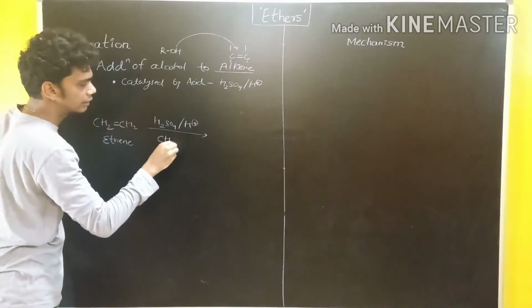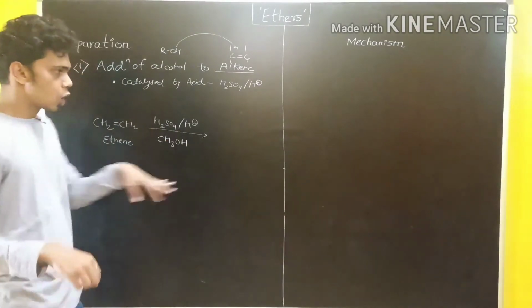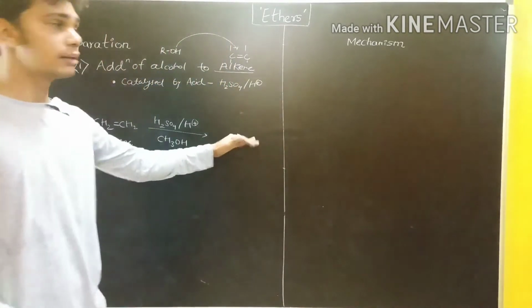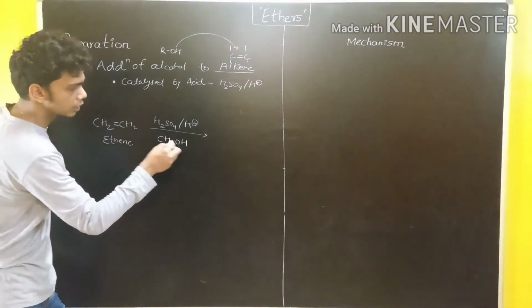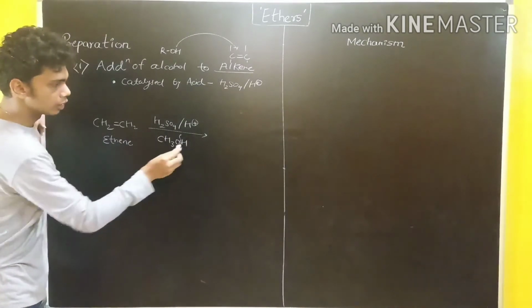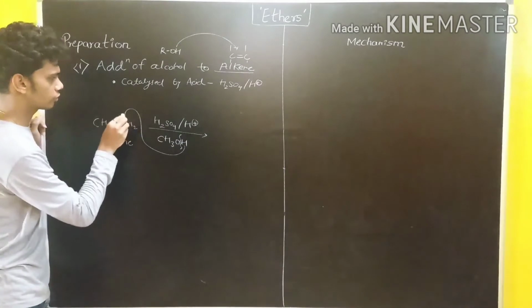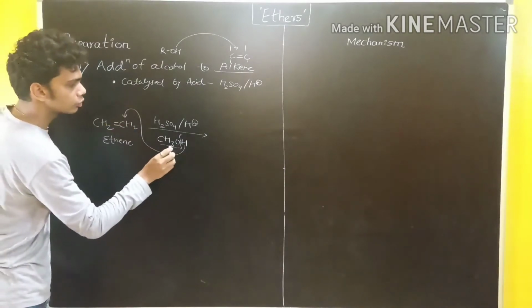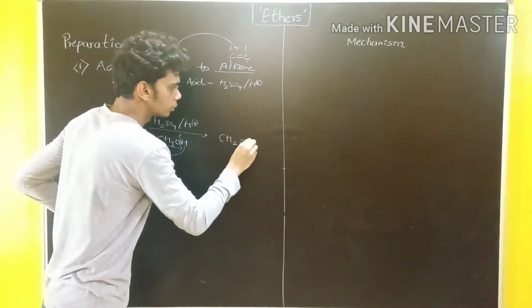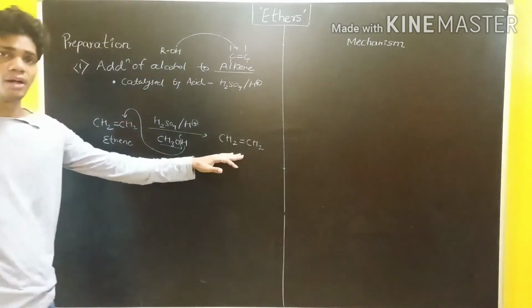If I add CH3OH here, what is the product? I'll talk about the mechanism, but how can you predict the product? Suppose this is the alcohol. In the case of the acid catalyst, it breaks down like this. This H shifts onto one carbon, and the remaining group is attached to the second carbon.